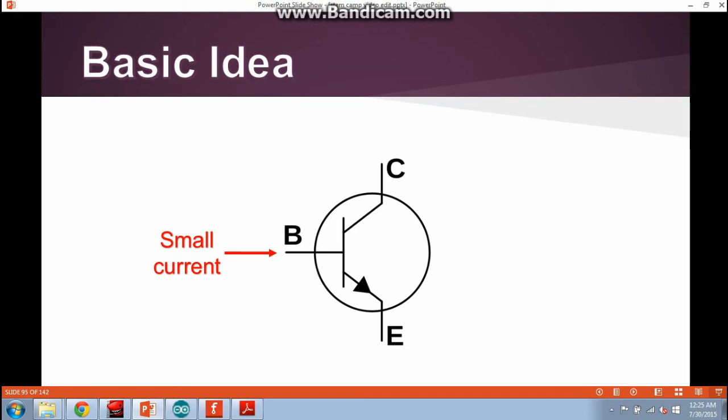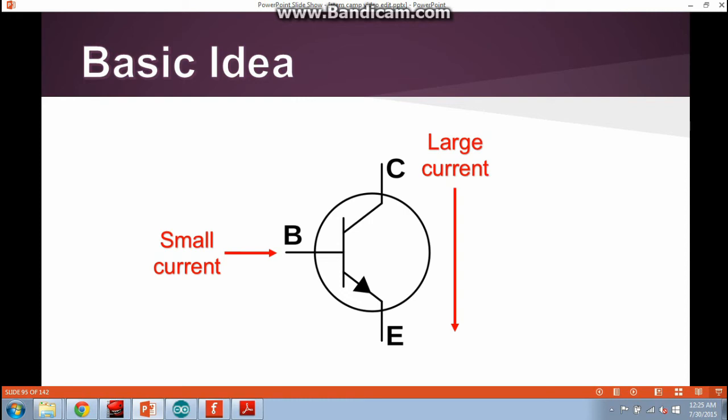So the idea is that you put a small current on the base, a small current, but it may be a larger voltage on the order of volts on the base, and a large current is going to flow from the collector to the emitter.